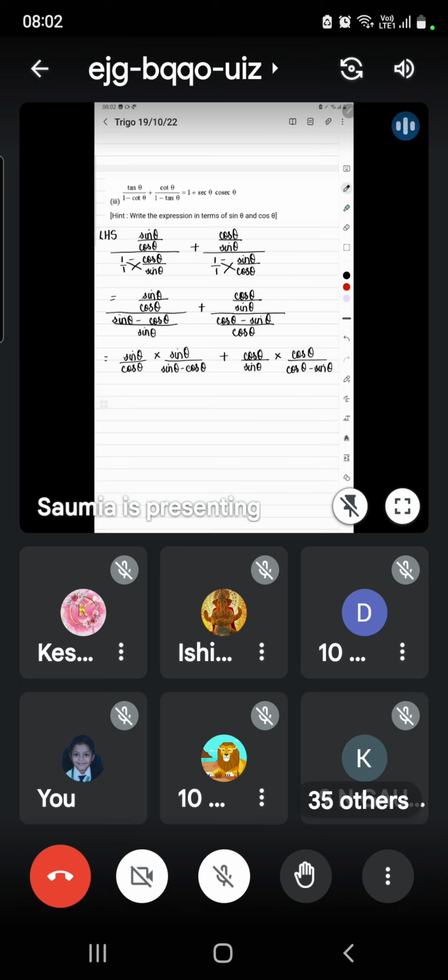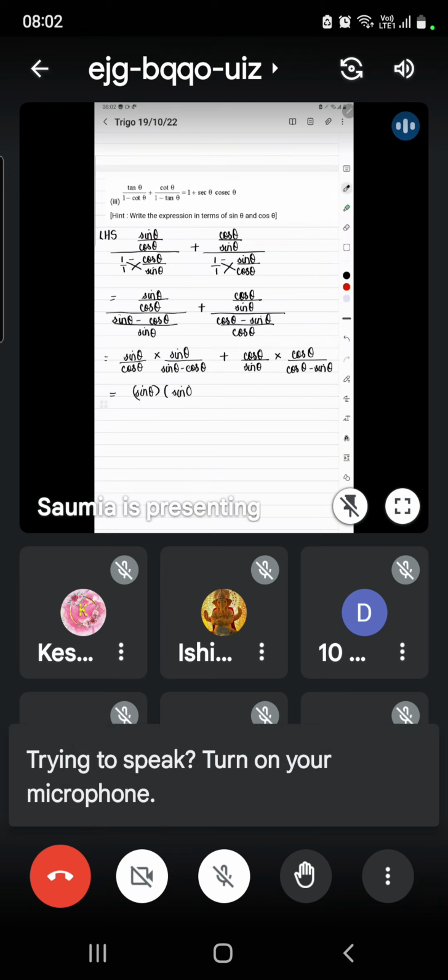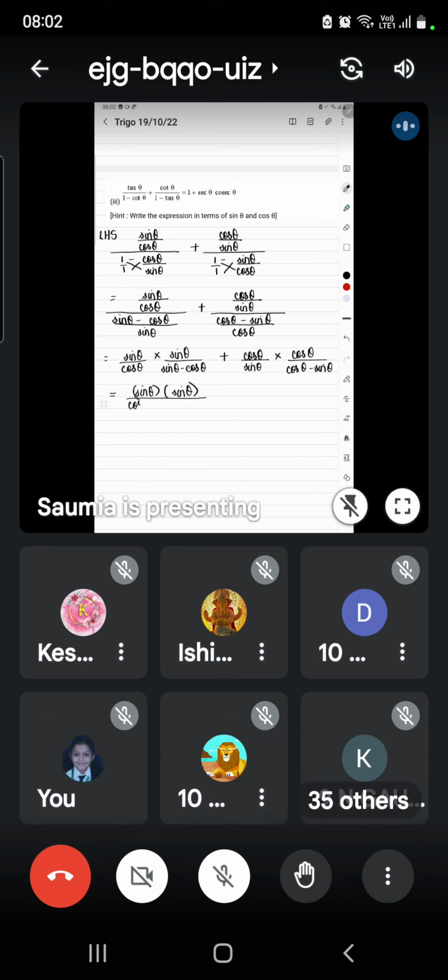Okay. Now look at your expressions. I have one fraction multiplied by the other fraction. So what do I do? Multiply both the numerators together, multiply both the denominators together. So sine theta into sine theta upon cos theta into sine theta minus cos theta, plus same way here, cos theta into cos theta upon sine theta into cos theta minus sine theta.